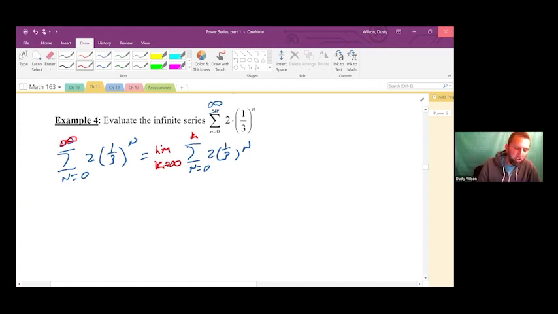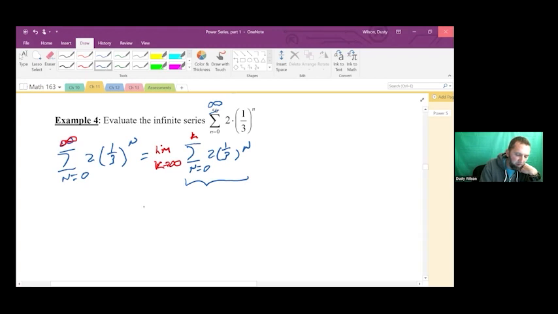Okay, sheesh. Let's see, what does this mean? Now we have a finite sum. So when in doubt, write out your terms and see what happens. I'm just going to ignore the limit for the moment. I'm going to work for a while separate from the limit, and then we'll come back to that limit in the end.